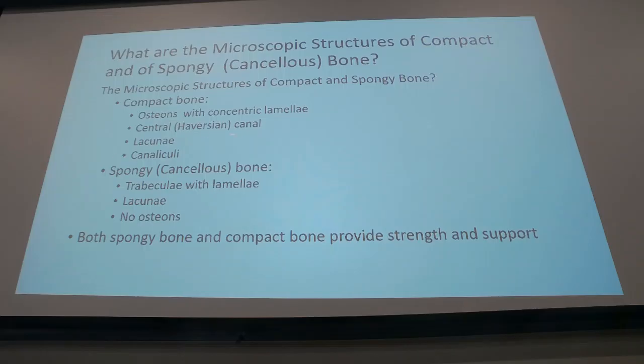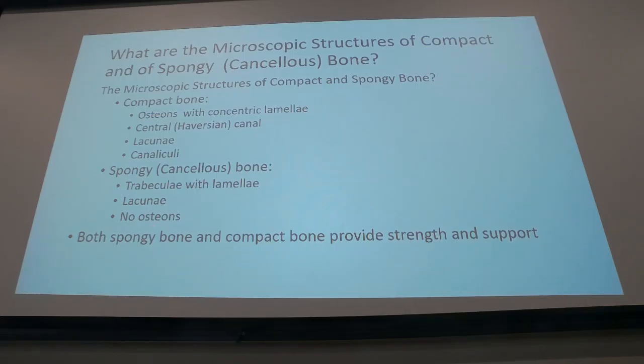Now for the cancellous or spongy bone. Well, the lamellae look like struts that go randomly. They form what is called trabeculae. And we also have lacunae. Remember, lacunae means lake. Laguna in Spanish is lake. And then this bone doesn't have osteons.